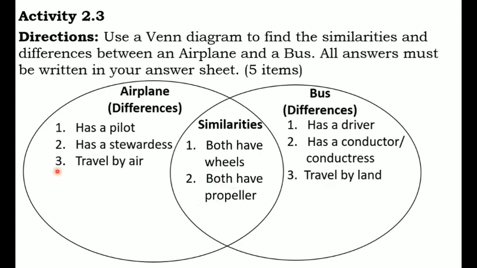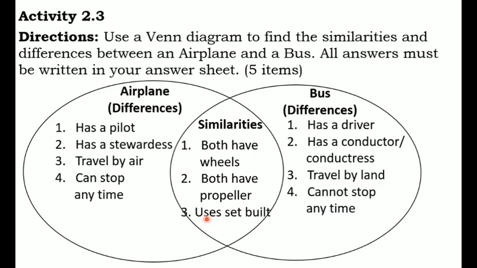Okay. Number 3, for airplane, the difference is that the airplane travel by air, while bus travel by land. And both airplane and bus uses seatbelt. They have a seatbelt. I'm sorry, this is only a typographical error, but this is actually seatbelt.